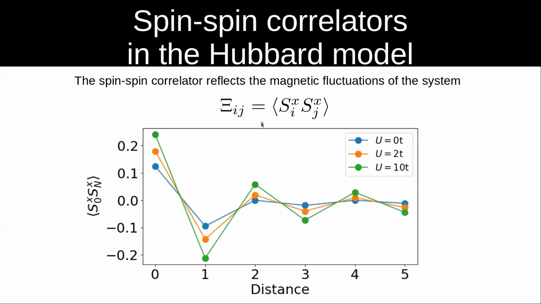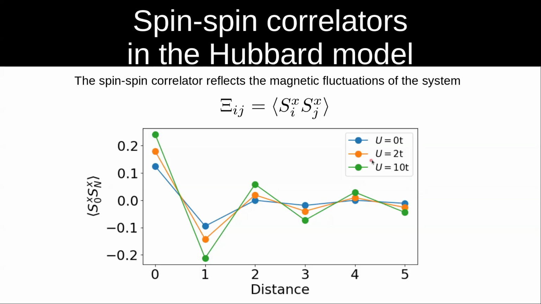With this in mind, we can now compute the non-local spin correlator in the Hubbard model. We take different values for the interaction, and we see what is the spin fluctuation inside J with respect to site I. If you start with U equal to 0, you see that there's a certain non-local correlation that oscillates and goes to 0 in a power law fashion.